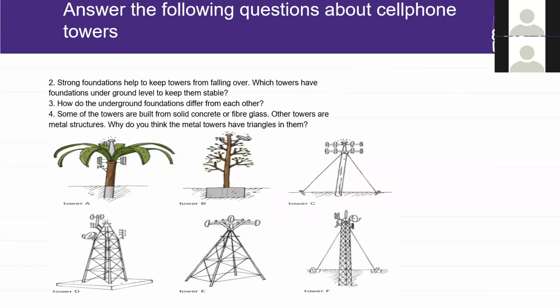Some of the towers are built from solid concrete or fiberglass. Other towers are metal structures. Now, let us talk. I want you to talk to me. Which one do you think is built from fiberglass here? Do you know fiberglass? Which towers can you say are most probably built from fiberglass? B, Modiehi.